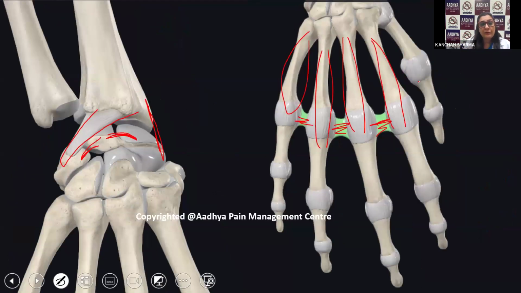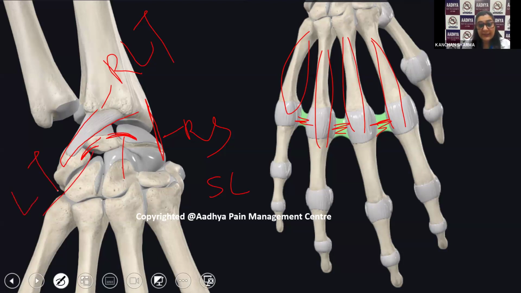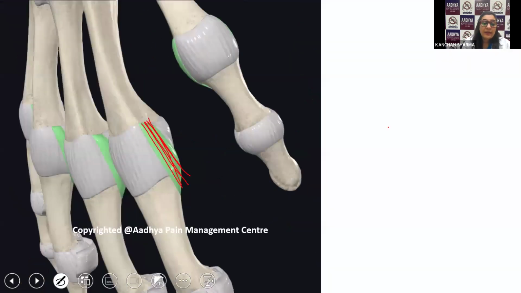Then you should know a few ligaments. This is radioscaphoid. This is radio-lunotriquetral. This is your scapholunate, and then you have your lunotriquetral ligament, right? And this also you need to know, the transverse metacarpal ligament, okay?